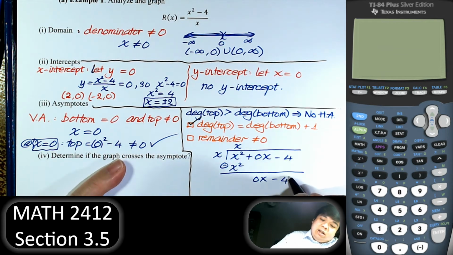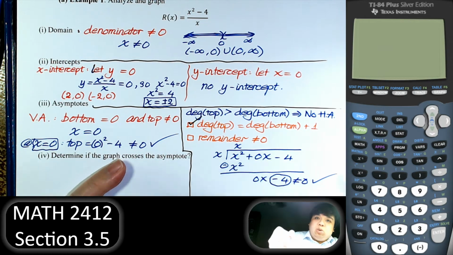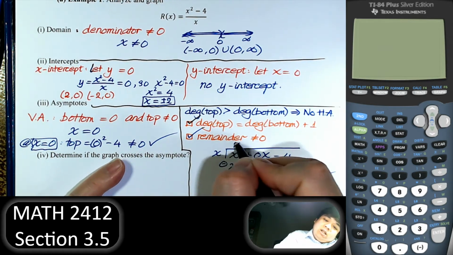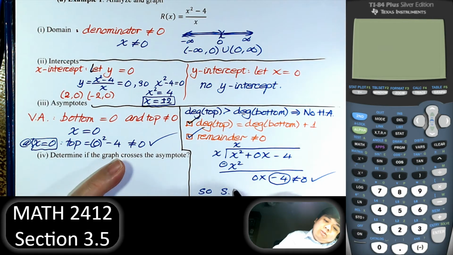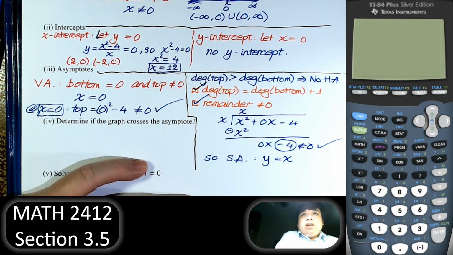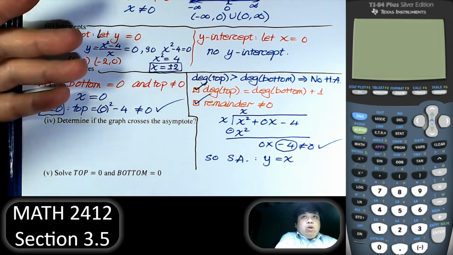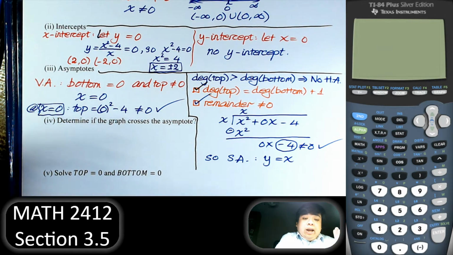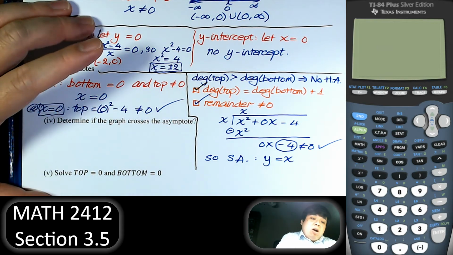So this is the remainder that is not equal to 0, which is good, and the quotient is x, so the slant asymptote is y equal to x. So y equal to the quotient if the remainder is not equal to 0 and the degree on top is 1 more than the bottom.